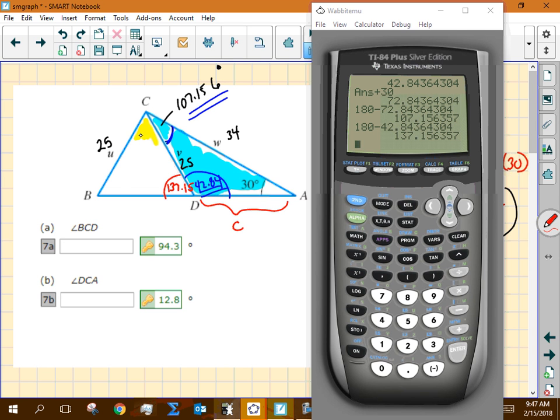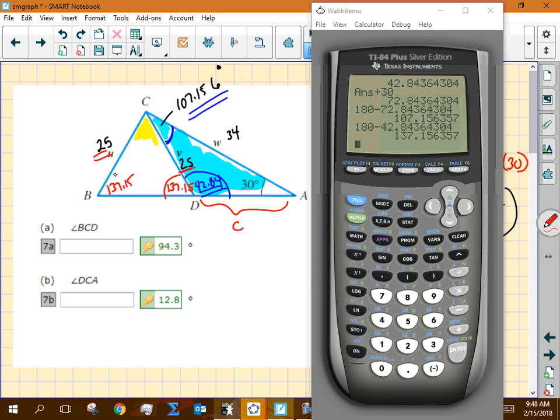So, because this triangle on the left has a 25 here and a 25 there, what kind of triangle is the white triangle? Isosceles. What do you know about the base angles of an isosceles triangle? They're the same, so that's 137.15, right? What happened there? Went over 180, right? Okay.